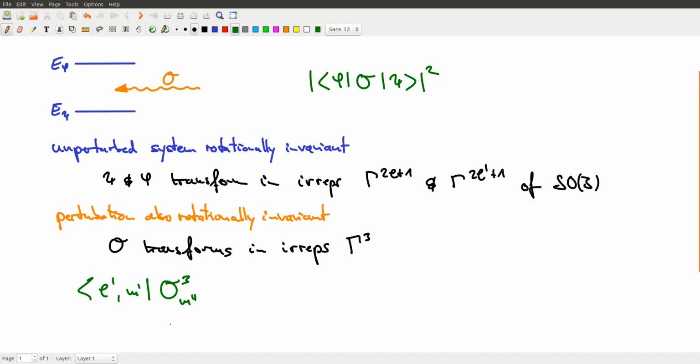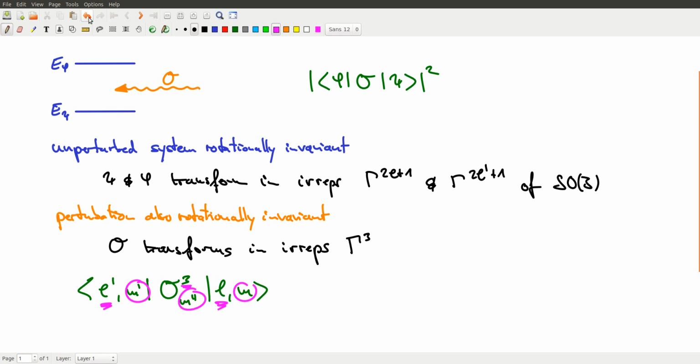I call this O3 double prime and L and M. So I label the initial and final states by these irrep labels, and then I'm indicating where in this irrep we're starting and ending, and I also label the perturbation with this irrep label here, and then we say which one of this set of operators it is we're interested in.